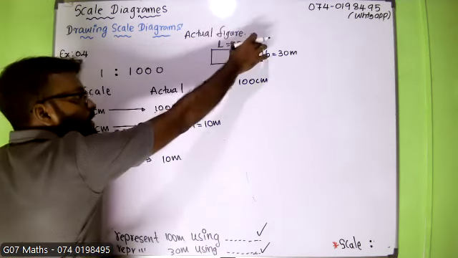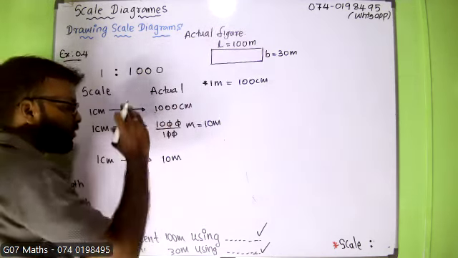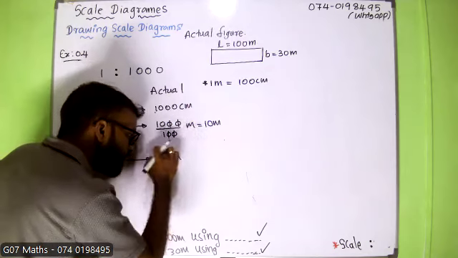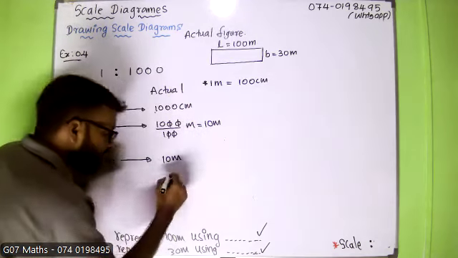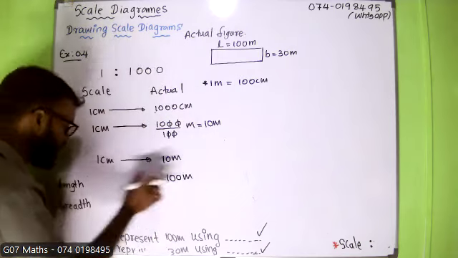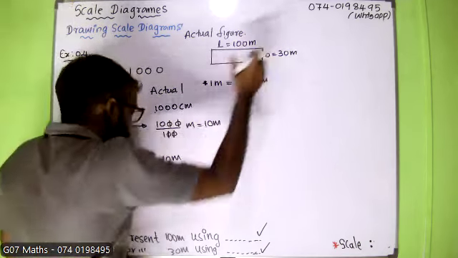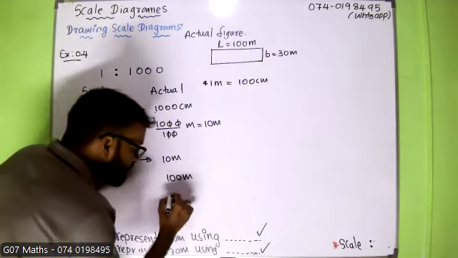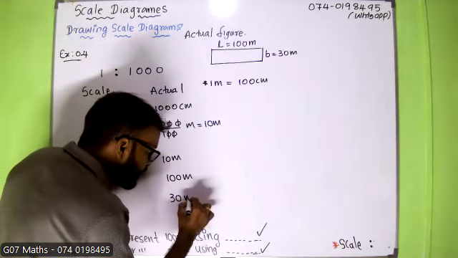Actual length is 100 meters. Always the actual length is on my right hand side. 100 meters is my actual length.